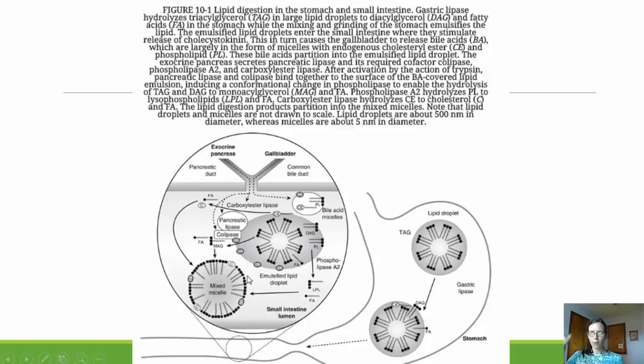We'll talk more about micelles moving forward, in the small intestine, so that they can be absorbed in the small intestine. And we'll go into that part a little bit more.